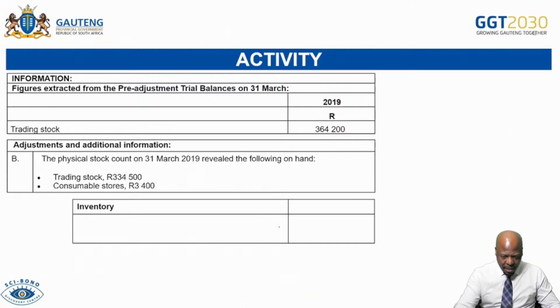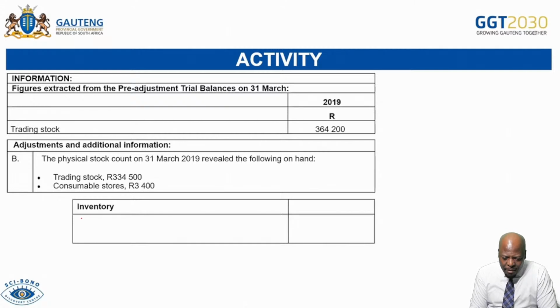The next adjustment then reads, the physical stock count on 31 March revealed the following on hand. So we are now at a point where we are having our physical stock count. In order for us to do that, it's very important that whatever we have recorded, remember, initially we're coming from an adjustment where we have already recorded some amounts.